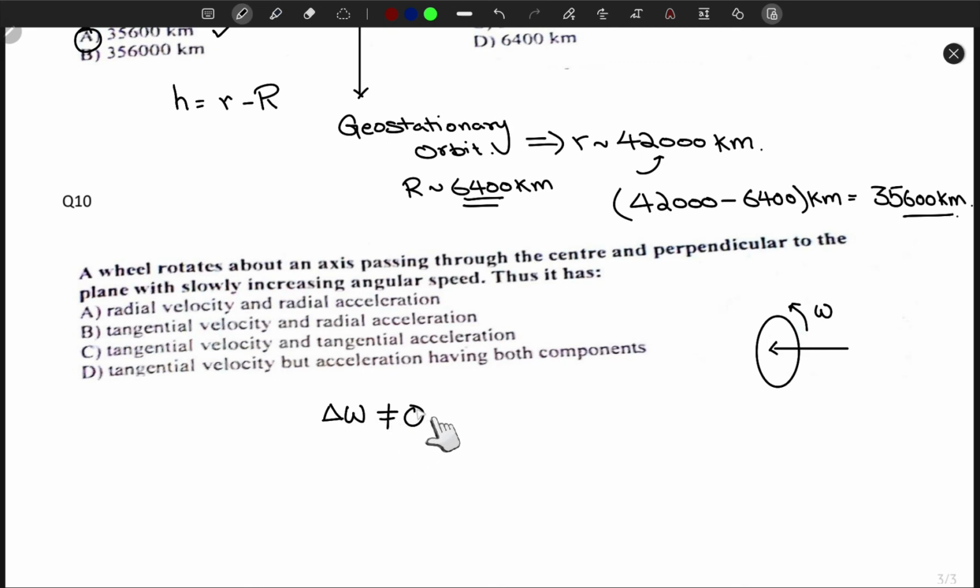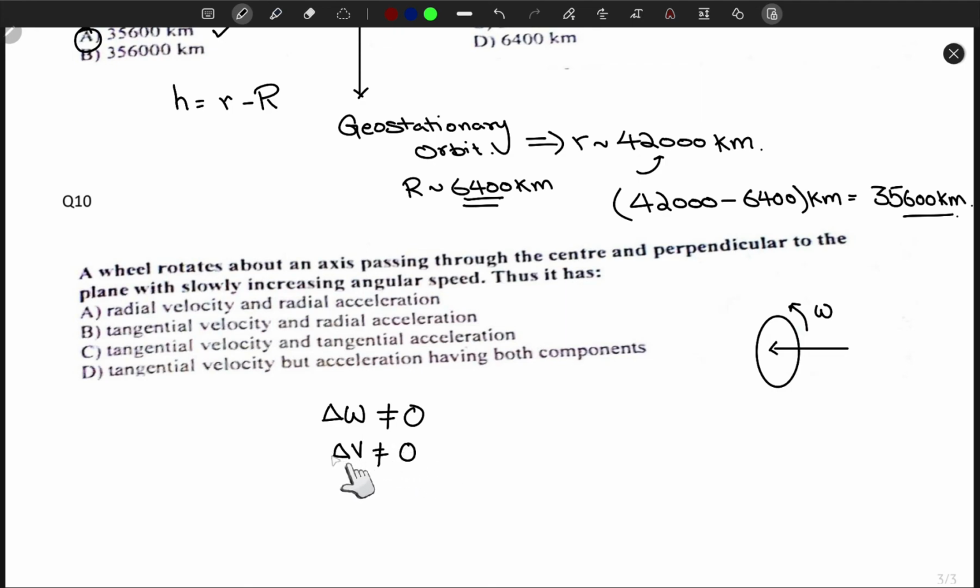If change in omega is not zero, then change in the linear velocity is not zero as well. Well, we know that's always true, that the change in linear velocity is not zero.